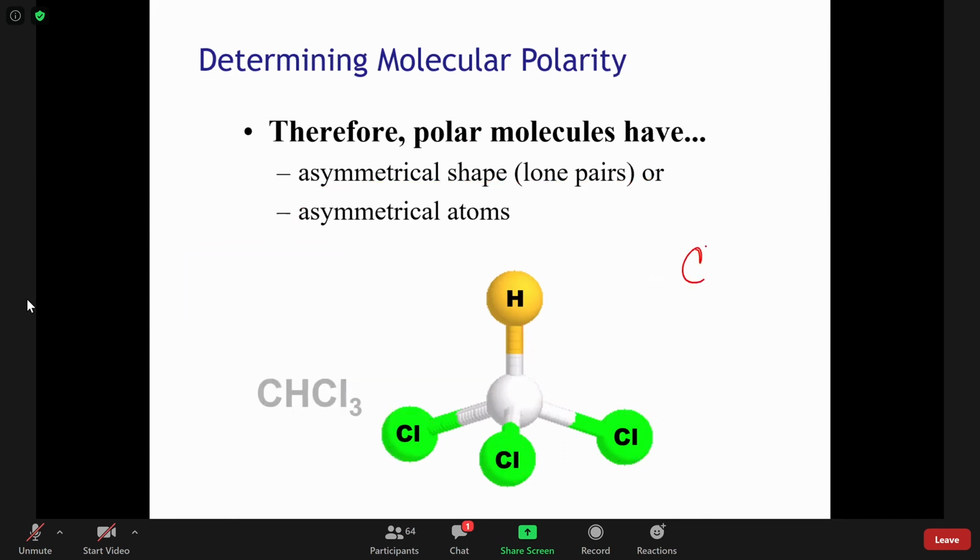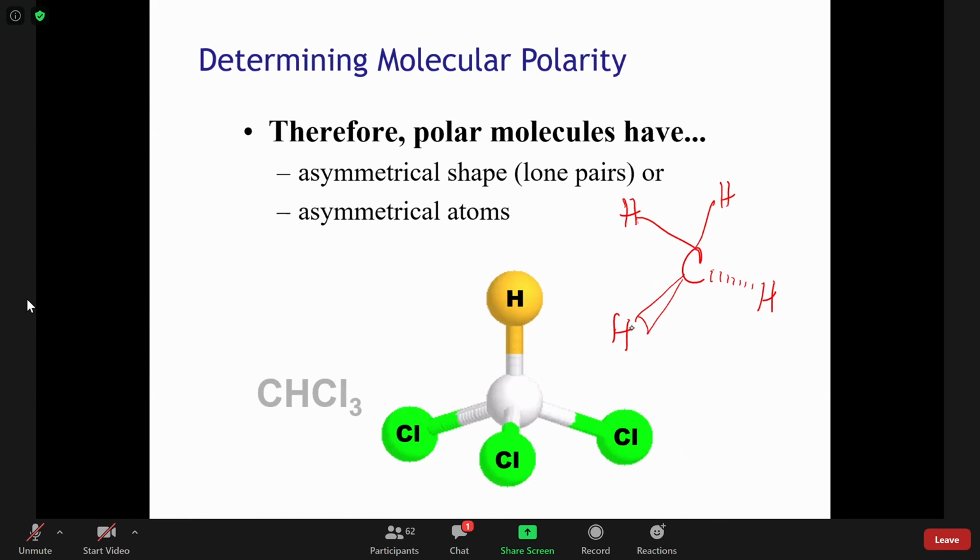What about something like CH4? Do we have dipoles here in CH4?